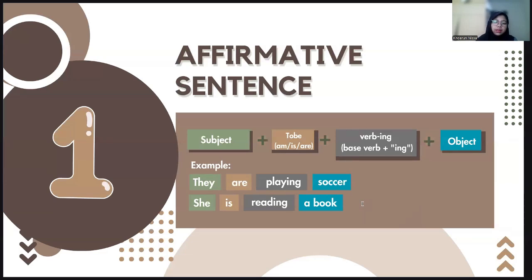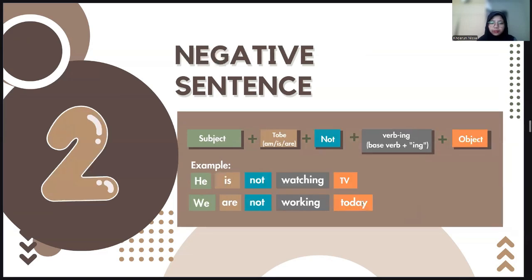For example, they are playing soccer. She is reading a book. Playing is the combination of the base verb play and ing. So playing, reading. I think that's clear.